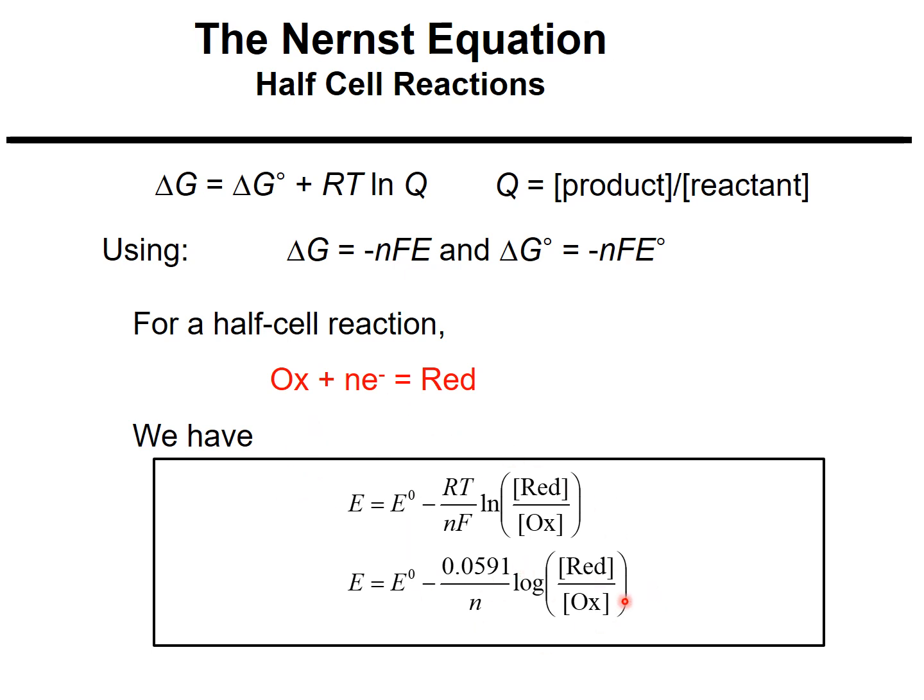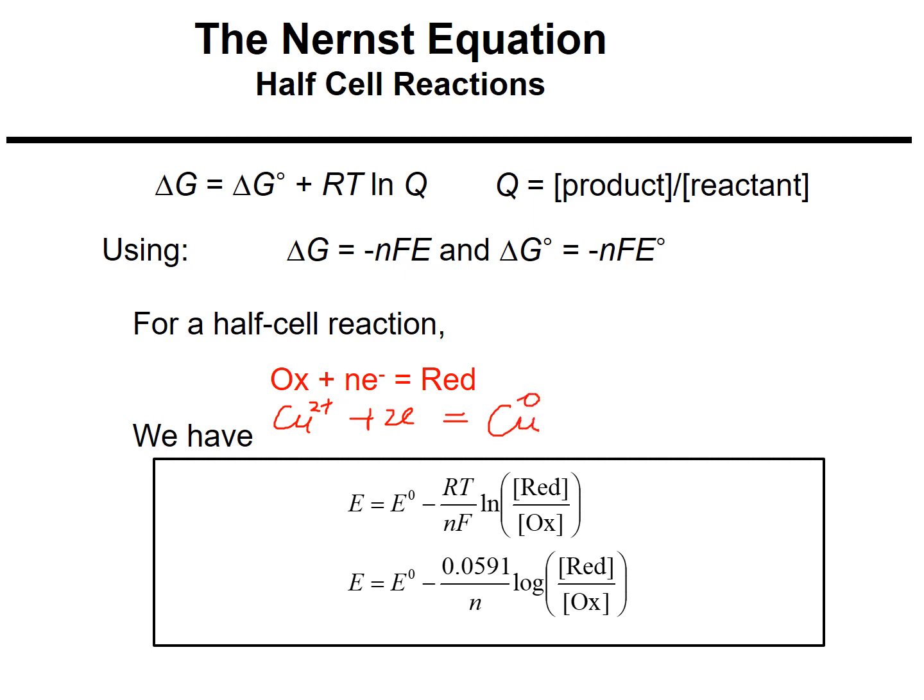This Nernst equation is obtained for this reaction: the oxidized species plus n electrons, n being the number of electrons transferred, goes to the reduced species. For example, copper 2 plus is the oxidized species, plus 2 electrons, going to the reduced species, in this case copper 0.